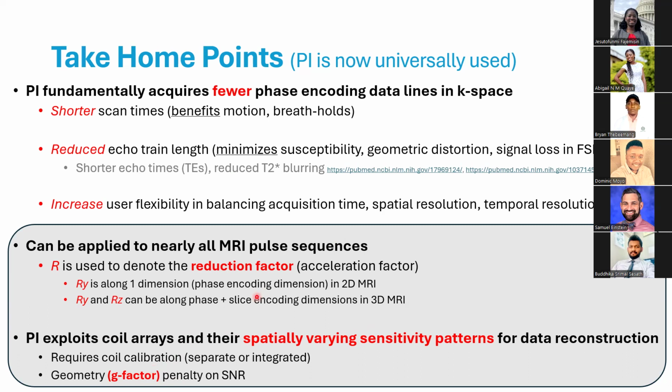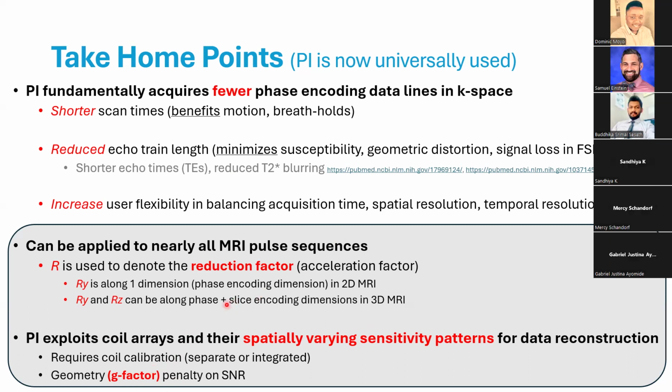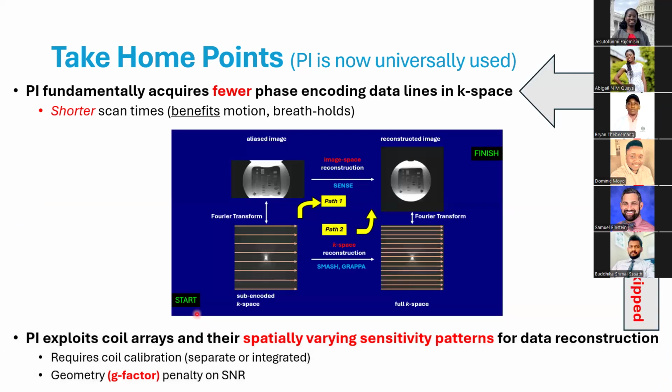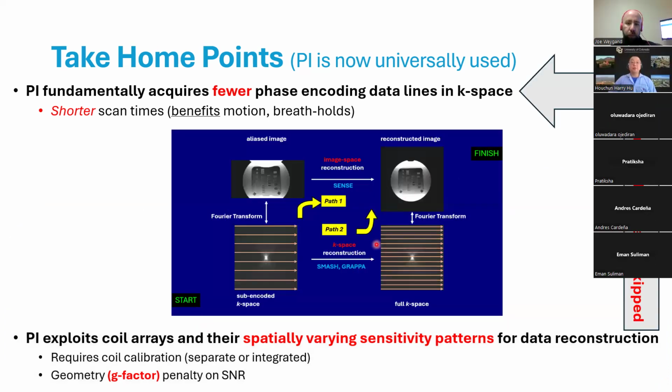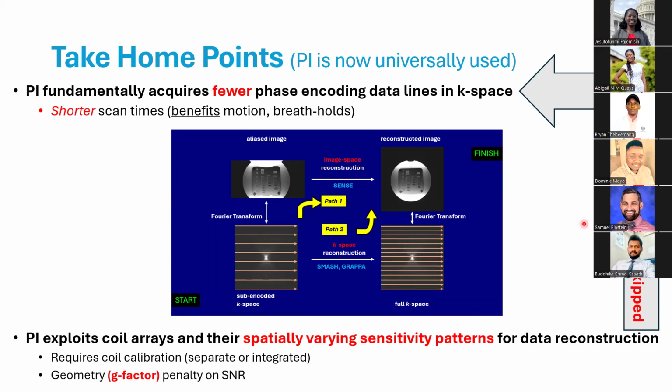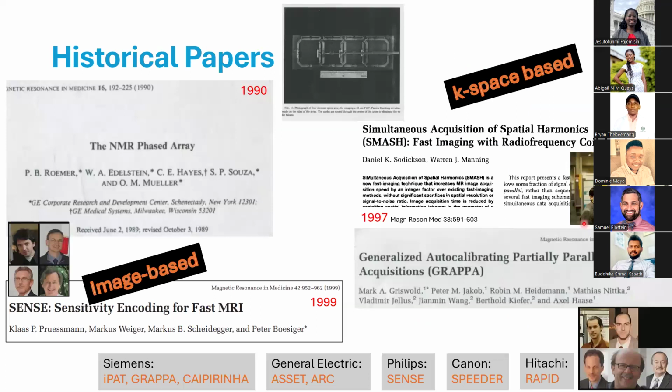That's something you don't always see on the vendor scanners or in PACS, but hopefully you'll see some intuitive examples here. All we're going to do is use the spatially varying sensitivity patterns to estimate or fill in the k-space that we skipped. So that's the overview take-home message.